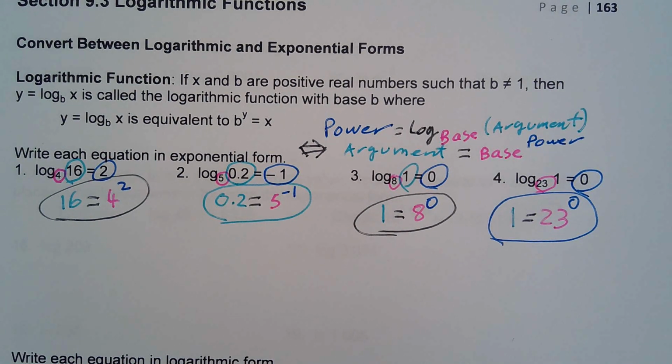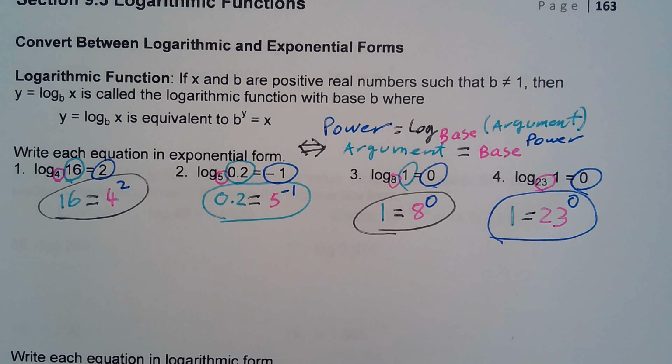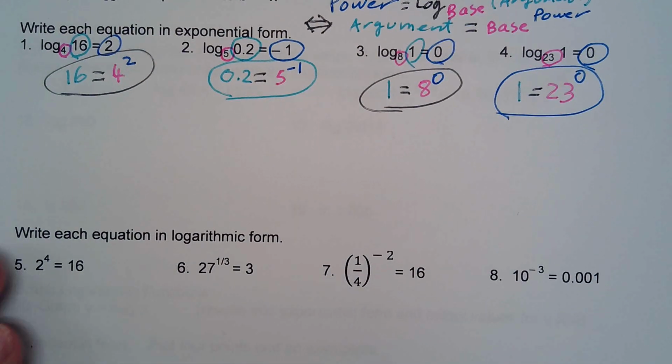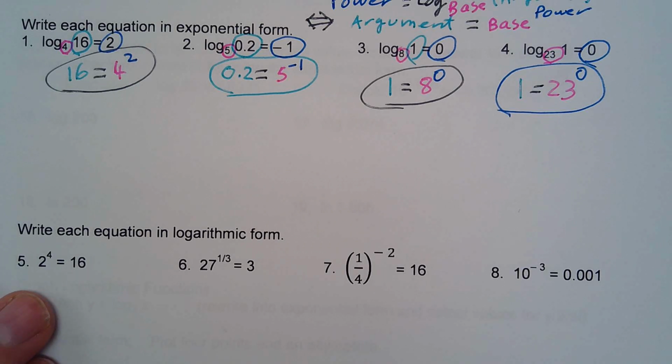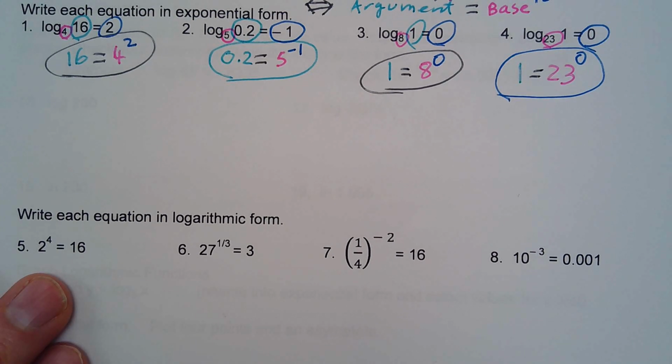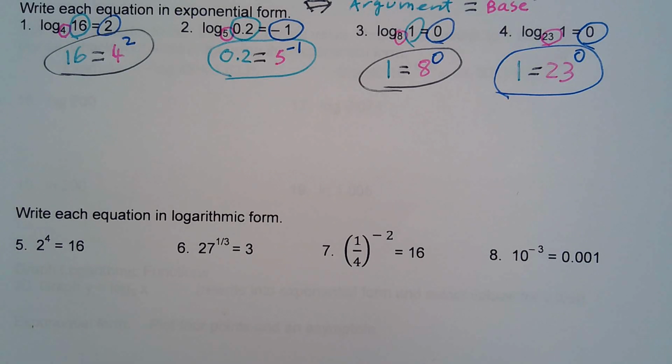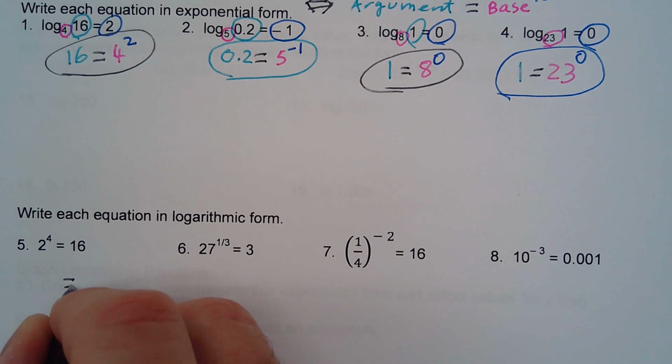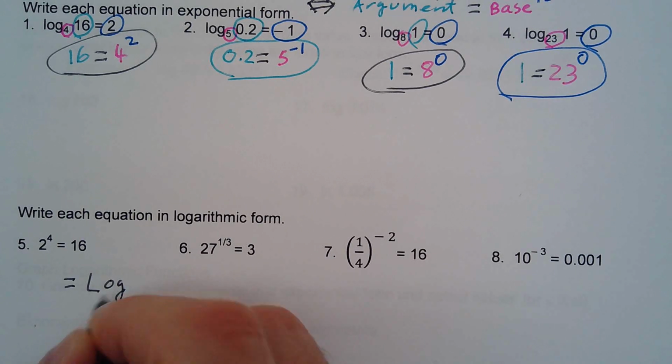Now let's practice some going in the other direction. So this time I'm given the exponential form and I want to write in log form. Again, I'm not trying to solve it or anything like that. I am just going through and writing in log form. So we're going to have this equal log of something.